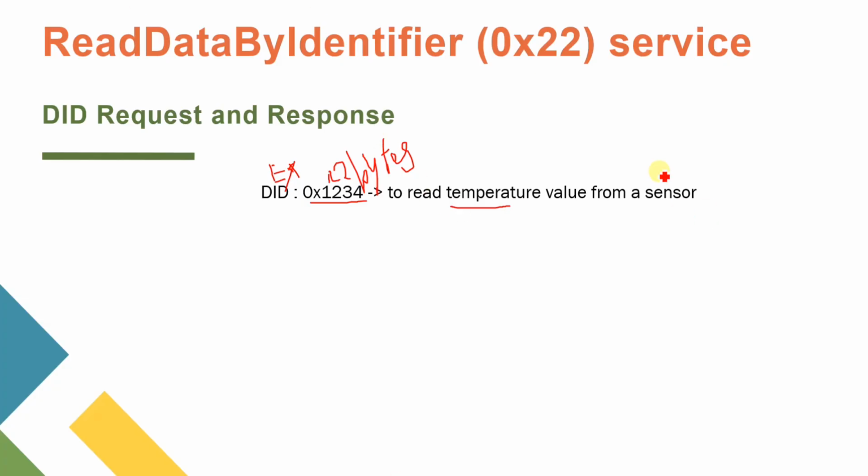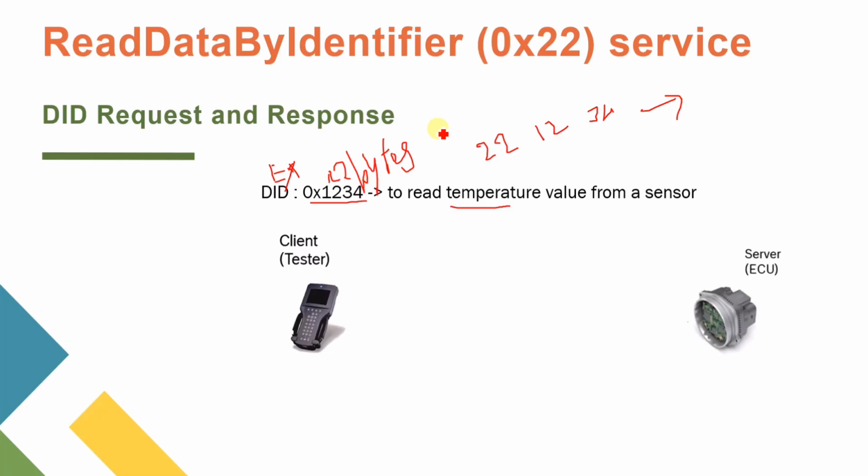The moment I send a request, I need to use service 22. In the first byte I write service 22, followed by 2 bytes of DID, that is 1, 2, 3, 4. This is the request. The moment the server detects 1, 2, 3, 4, it knows this DID is related to a temperature value from a sensor. So I need to process and send the temperature value to the client. It gets to know. So I have a client, I have a receiver.